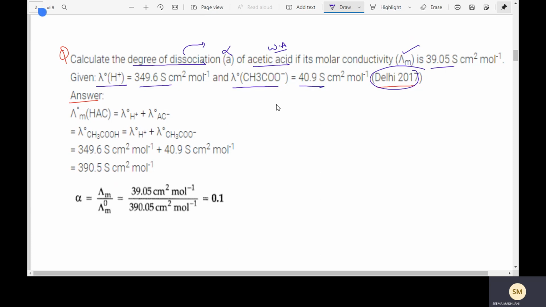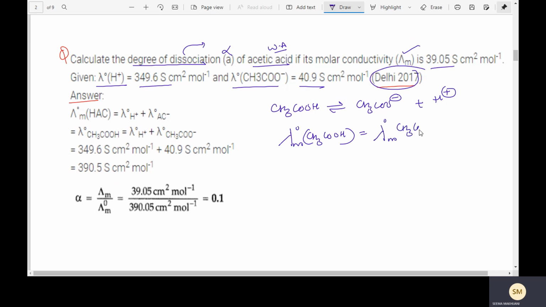Now we know कि acetic acid में the two ions that you have are acetate ion and H positive ion. According to Kohlrausch's law, if you want limiting molar conductivity of acetic acid निकालना है, तो it is going to be the sum of limiting molar conductivity for acetate ions and limiting molar conductivity of H positive ions.